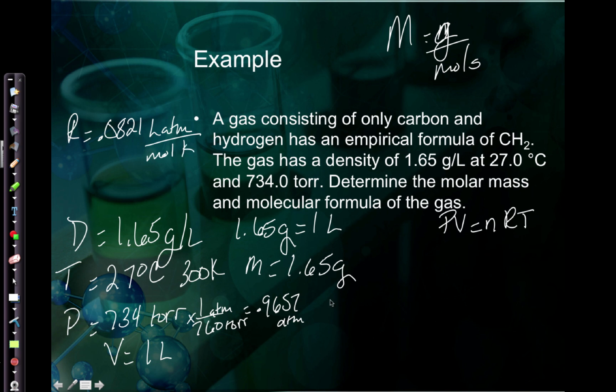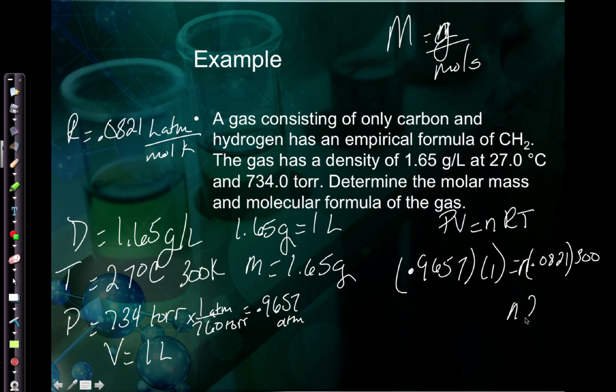All right, so P is 0.965, V is 1, n is unknown, R is going to be 0.0821, and my temperature is going to be 300. So now I'm going to multiply everything out. n times 24.63.